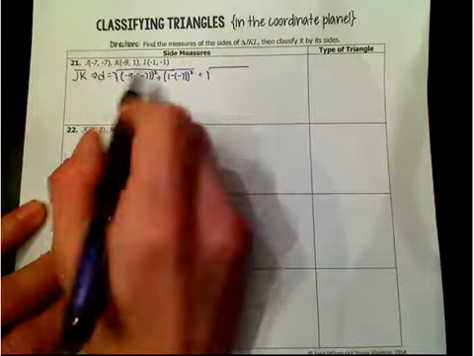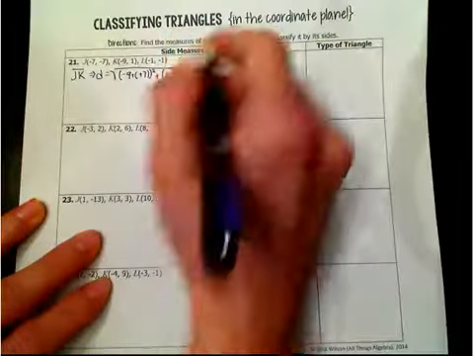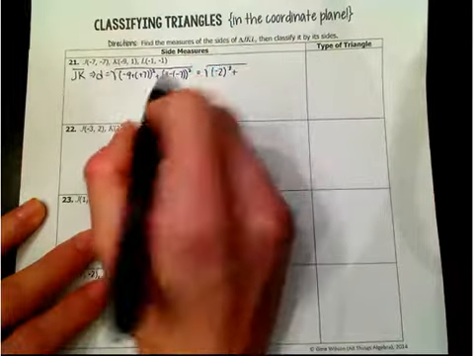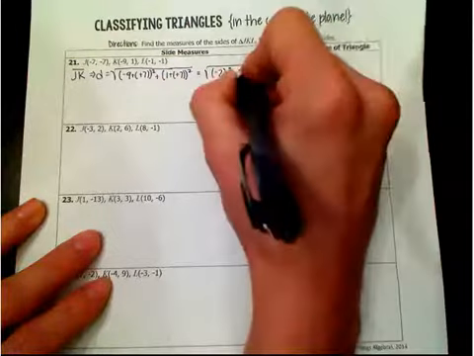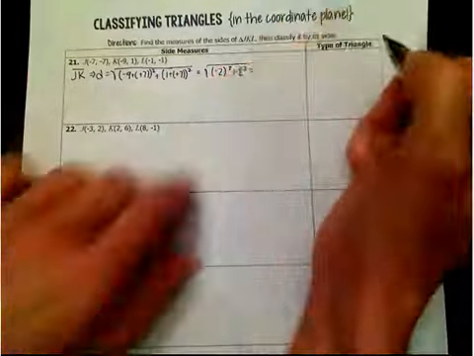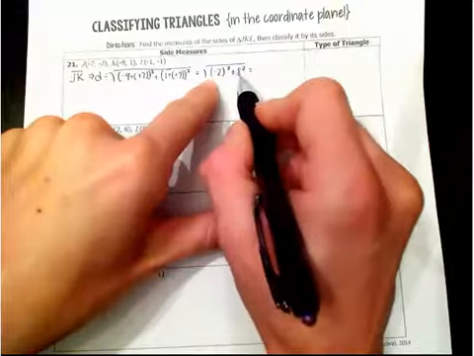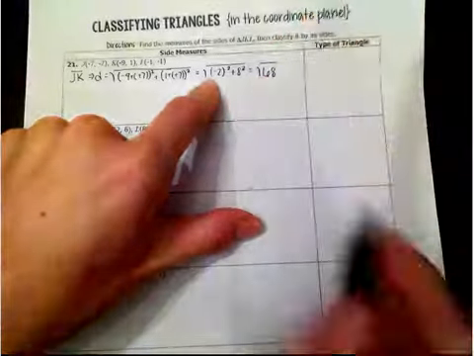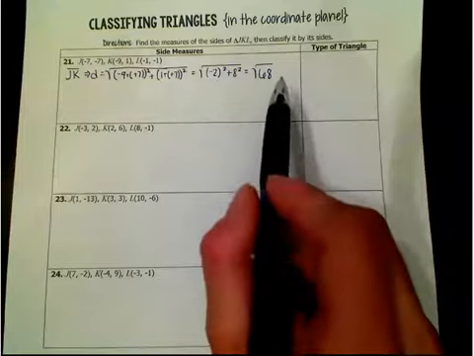Okay, then I'll do -9 minus -7, that's plus 7, so this is -2 squared plus 1 plus 7 is going to be 8, so that's going to be 8 squared, and that is 4 plus 64, which is the square root of 68.